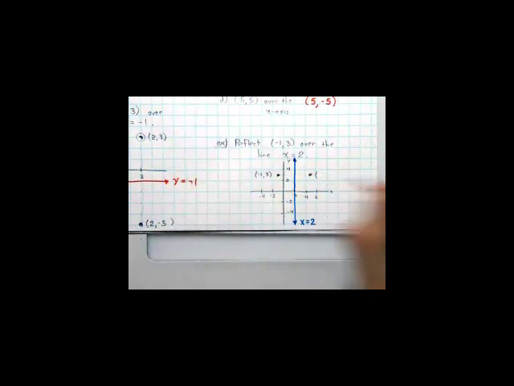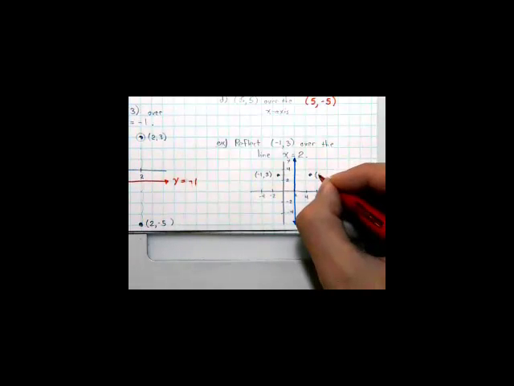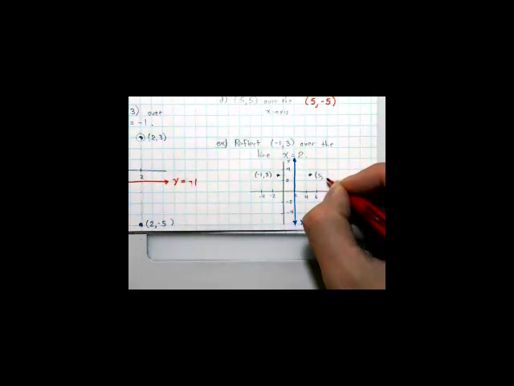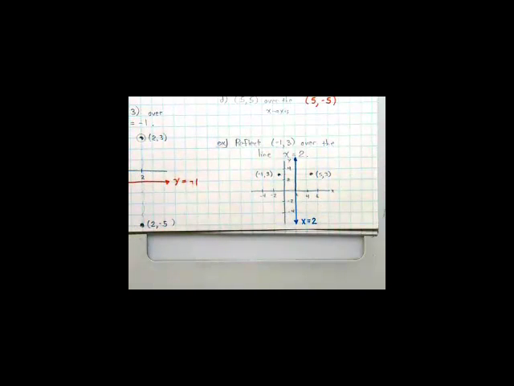And so what are the coordinates of that image then? 5, 3. So again, this time I'm going over a vertical line, kind of like the y-axis. My y value stays the same, but the x changes. But I still have to count it out to see where it's at.